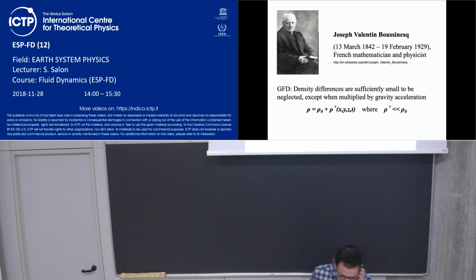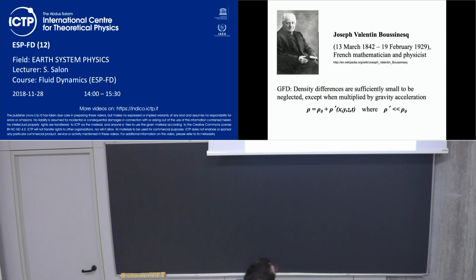So what people usually do is to apply some sort of approximation. So the first one, and this approximation, as I told yesterday, are basically derived from observation. So how GFD phenomena actually occur on our Earth.